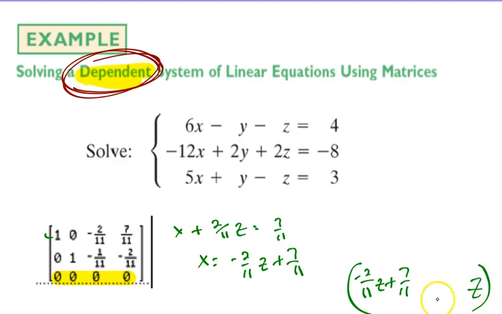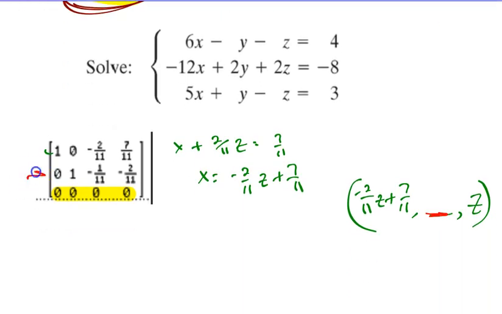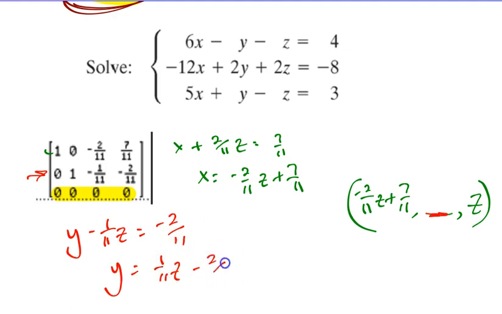I'll let z be the parameter, and I still need to solve for y. And y comes from row 2, where it says y minus 1/11 z is equal to -2/11, or y is equal to 1/11 z minus 2/11, and I'll place that here.